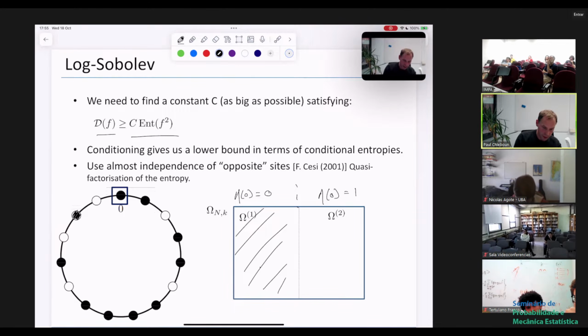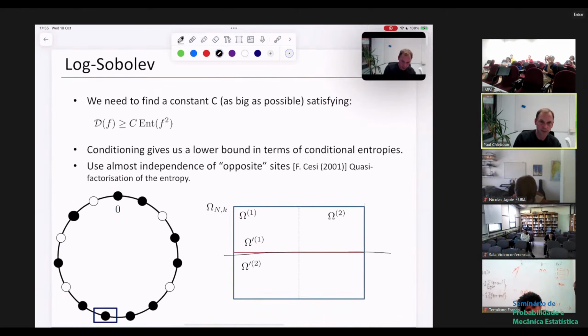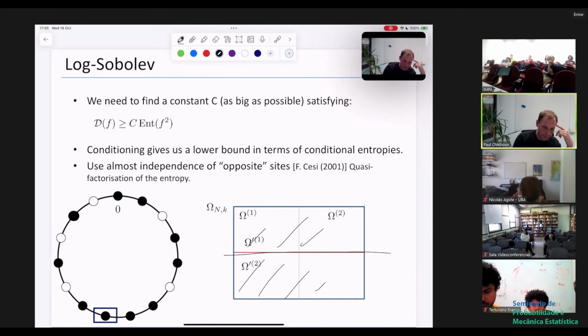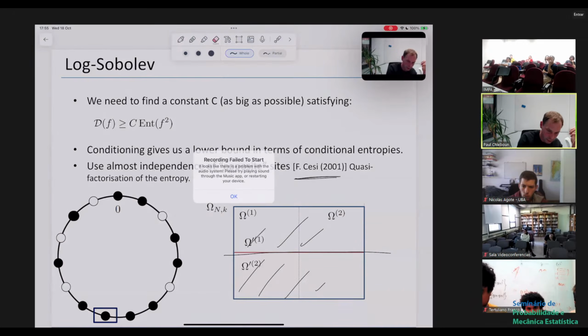Then all I have to do is also condition on something which is almost independent of this. So partition the space essentially perpendicular to this and get good bounds on the log Sobolev constant this way. And then using the result of Cesi from 2001, which says that if I have almost independence, then the entropy almost factorizes.